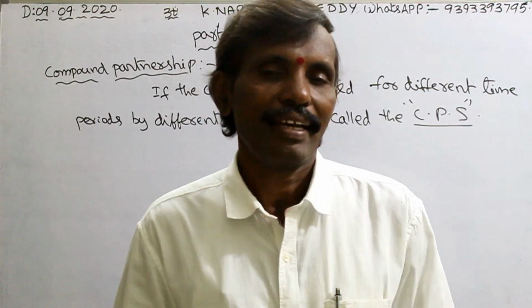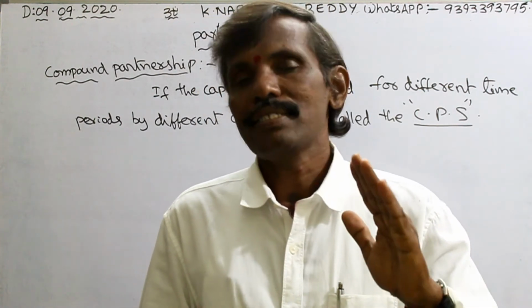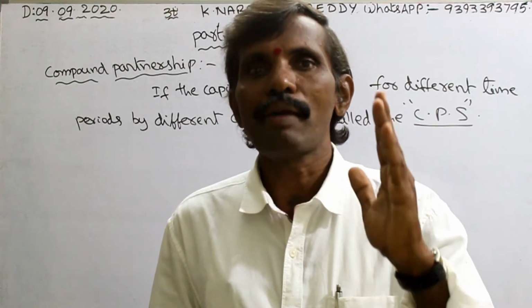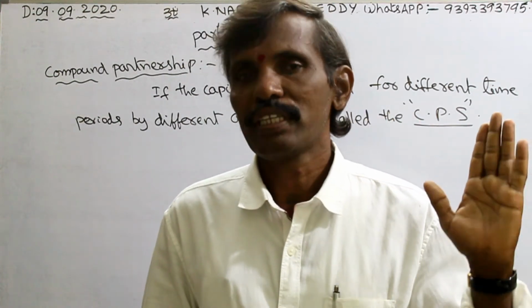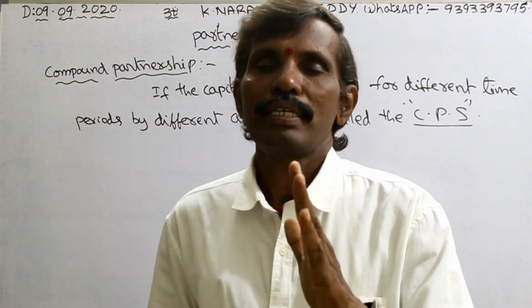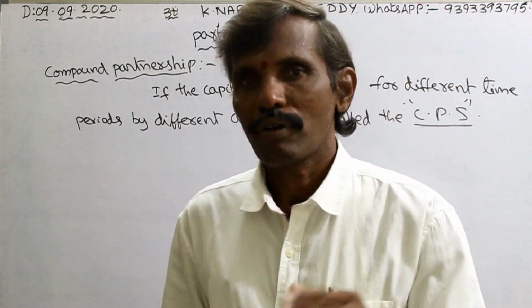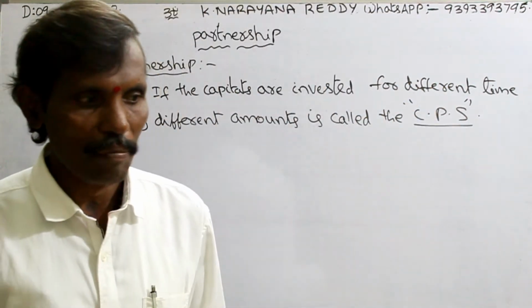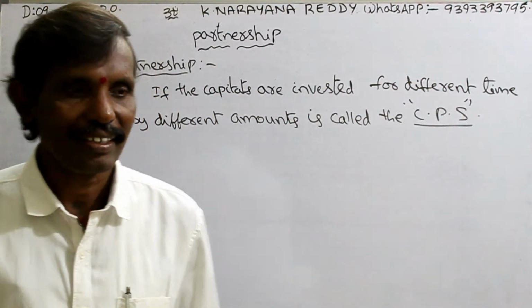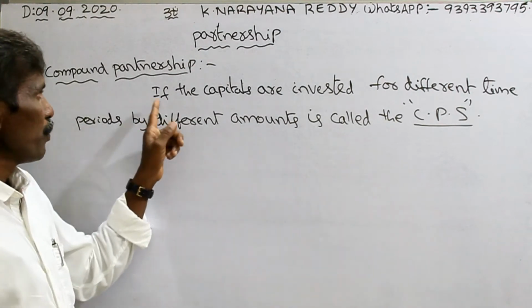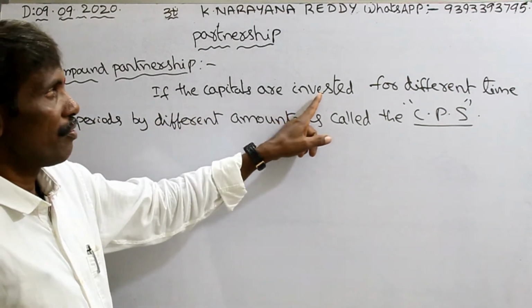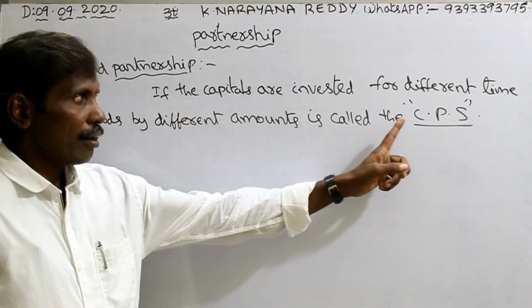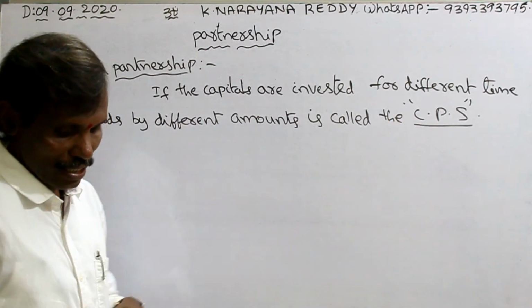Simply, persons invest their money in different time periods with different amounts, which is called compound partnership. Different capitals. Yes or not? Capital is nothing but investment. So if the capitals are invested for different time periods by different amounts, it is called compound partnership.